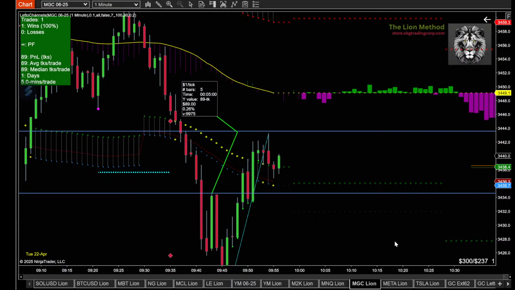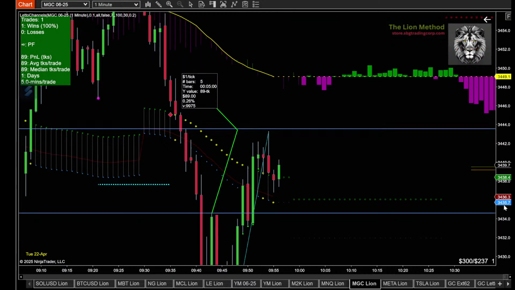Crude doing nothing. Nat gas doing nothing. All right, one more push up there, micro gold. Get us out. If this bar closes up, I would move my stop to the bottom of our swing here, because we might be at a decision point in gold right now.